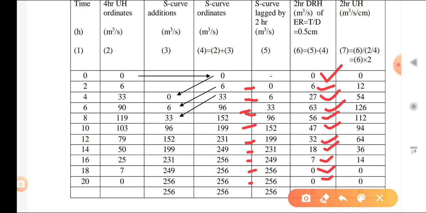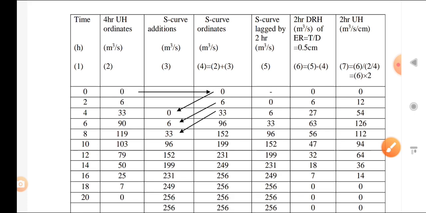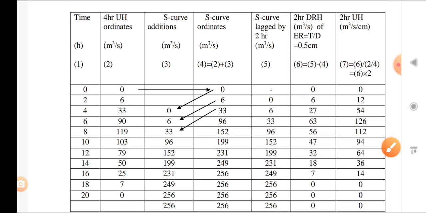Okay, now we have to convert that DRH to a unit hydrograph. What we have to do is divide that column 6 by the effective rainfall, which is 0.5. Dividing by 0.5 means multiplying by 2. So column 7 is column 6 multiplied by 2.